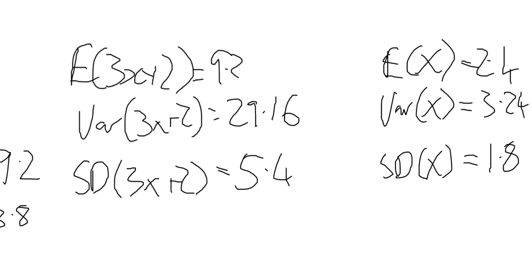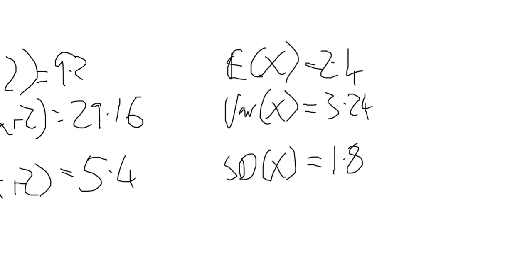So if we divide these, let's look at what's happened. 2.4 times 3 plus 2, but this one here is just 3.24 times 9. I wonder where that 9 might come from.